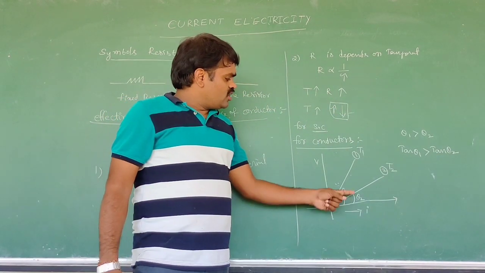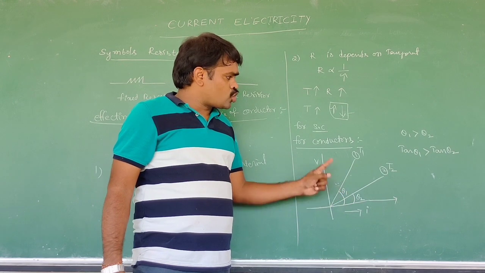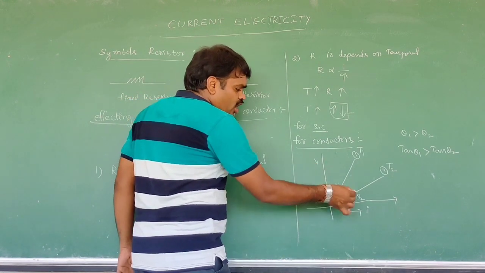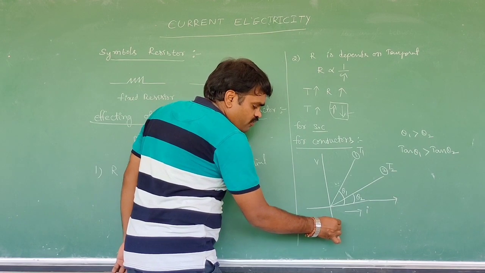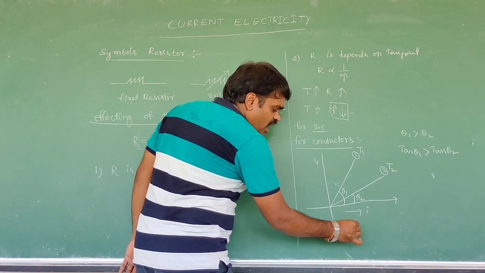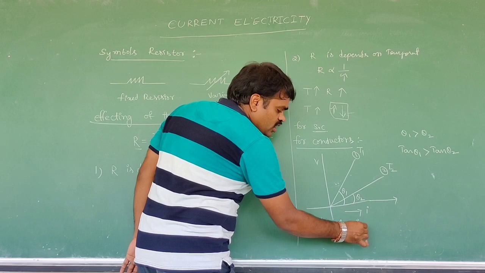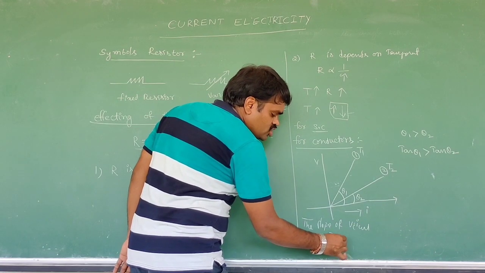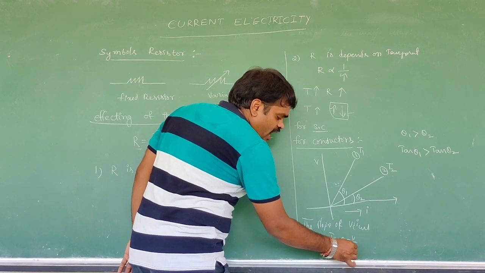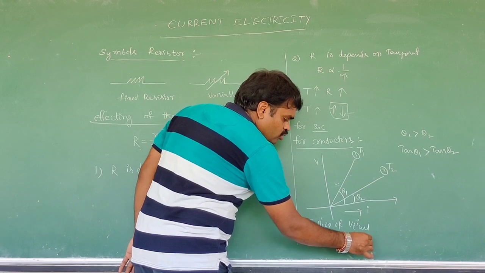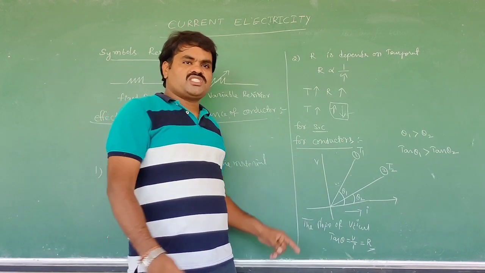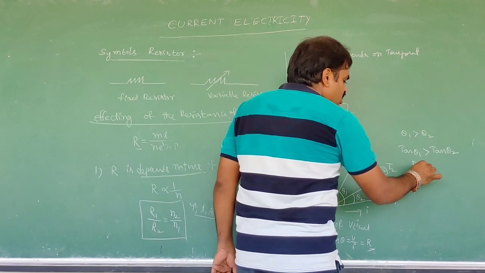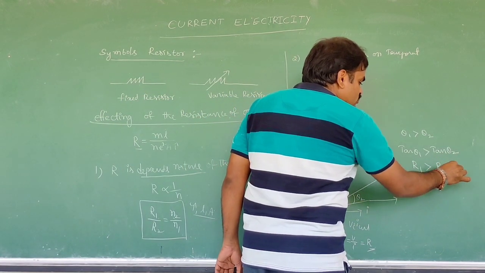The slope of the VI curve, tan θ, is equal to V by I, that is equal to R, the resistance. That's why the resistance of the first conductor R1 is greater than R2.